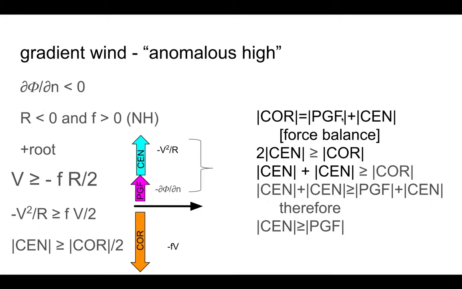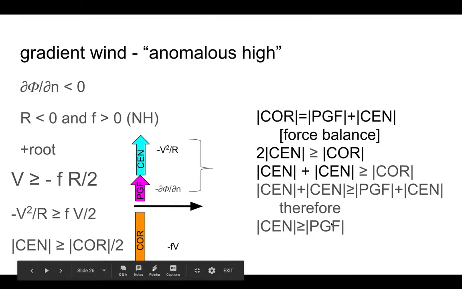We can plug this back in, substitute that in for the right-hand side. So 2 times the centrifugal is greater than the sum of the pressure gradient and the centrifugal. Canceling out one of these centrifugal, we see that the centrifugal has to be greater than or equal to the pressure gradient force.